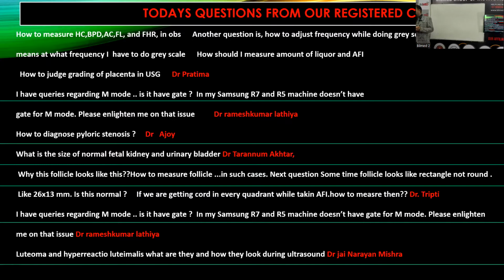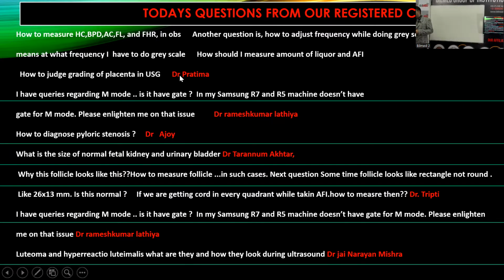Question number two is how to adjust the frequency while doing the grayscale and color Doppler. Third is how to measure the amniotic fluid in case there are loops in each and every cord.